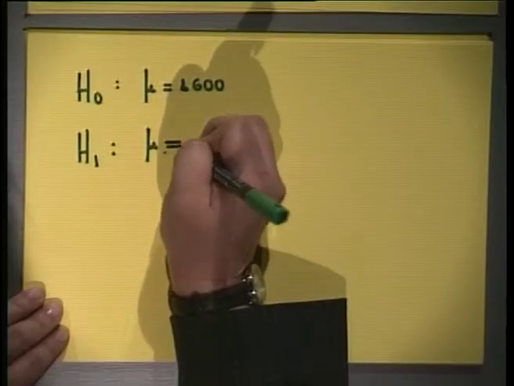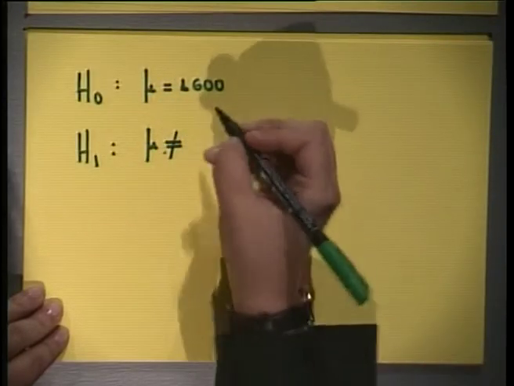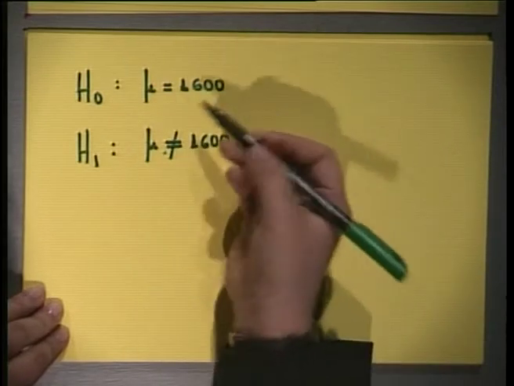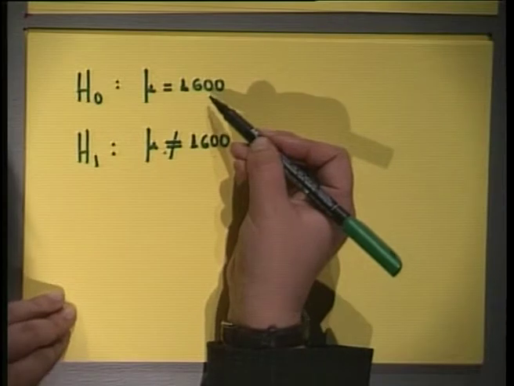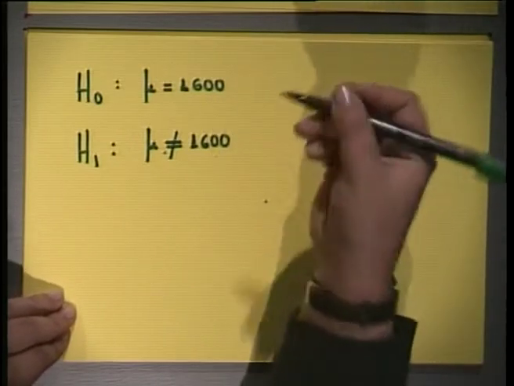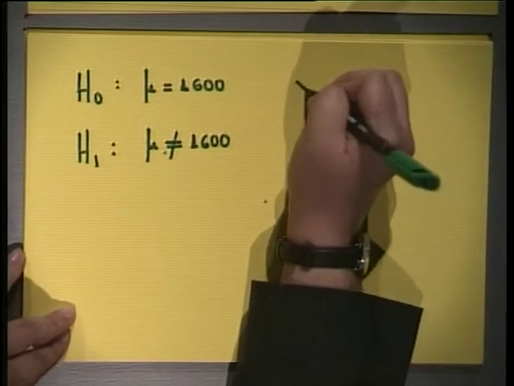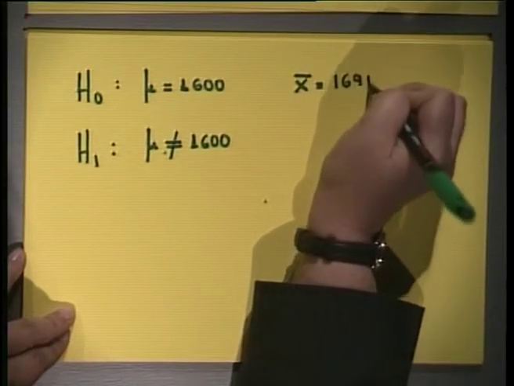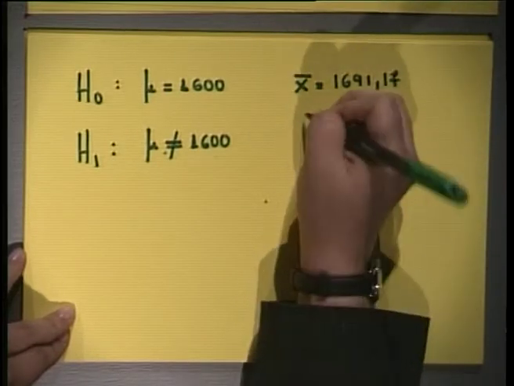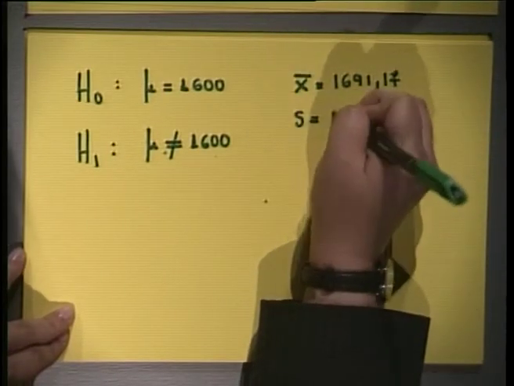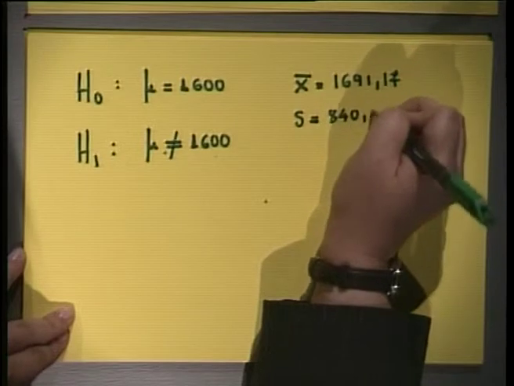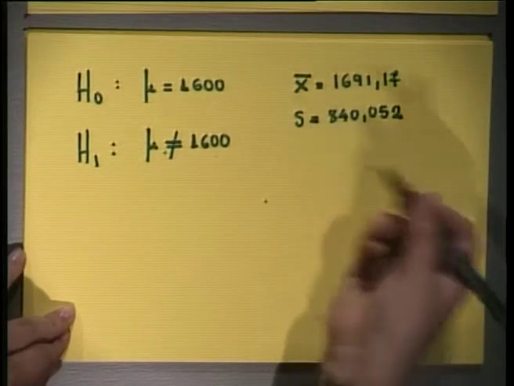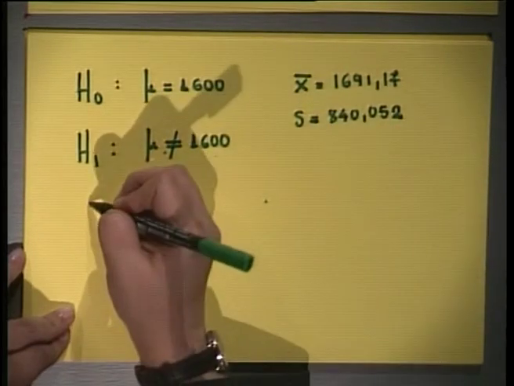So our alternative will be that the mean value is different than 1,600. From our data, we can calculate the sample mean and also the sample standard deviation, as the standard deviation of the population is unknown.